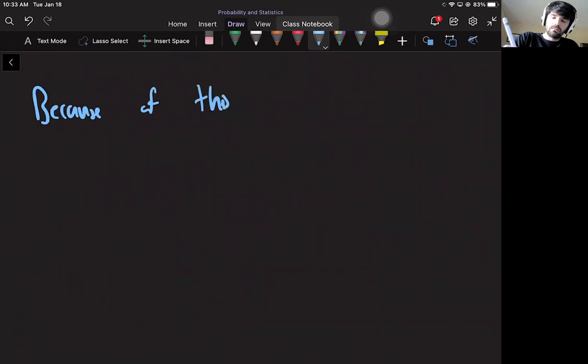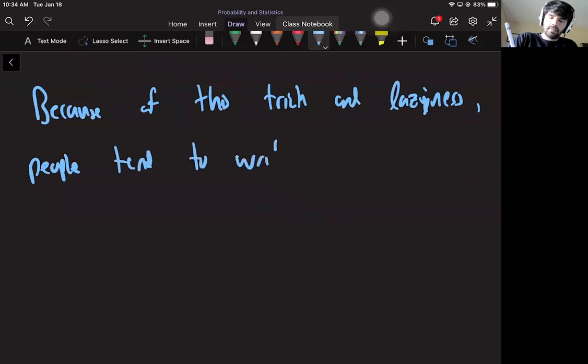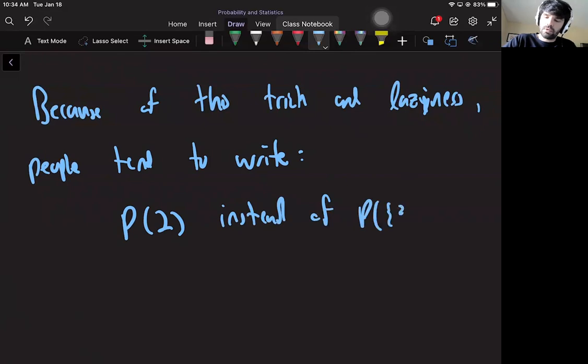So then, because of this trick, and laziness, I guess. I don't know how to spell laziness like that. Y or I, something like that. People tend to write, by people, I guess I mean mathematicians, they tend to write something like this instead of something like this, which is what you're technically supposed to write.